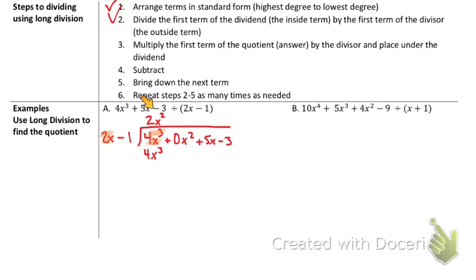So we're going to go 2x squared times -1, and we're going to put that where it goes under the x squared. So 2 times -1 is -2. X squared times -1 is just x squared.